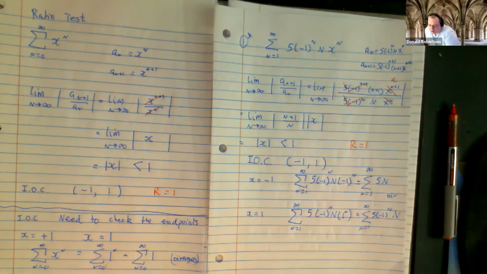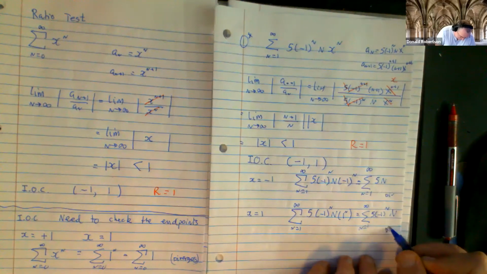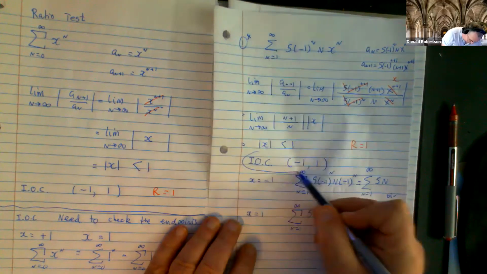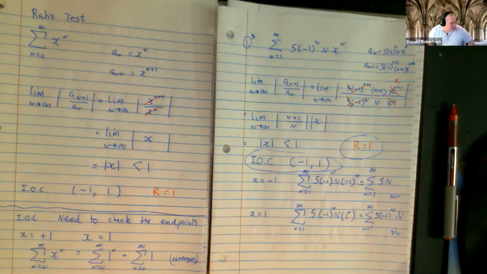Now, if you did this one, wouldn't the answer be things like -5 plus 10, take away 15 plus 20, take away 25 plus 30? Wouldn't it be divergent again? Agreed? Divergent. Which means that that is the interval of convergence, and that is the radius of convergence.